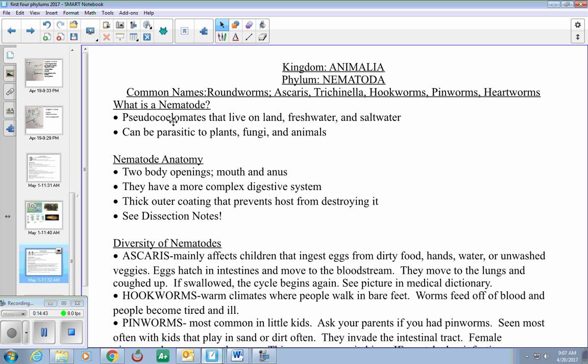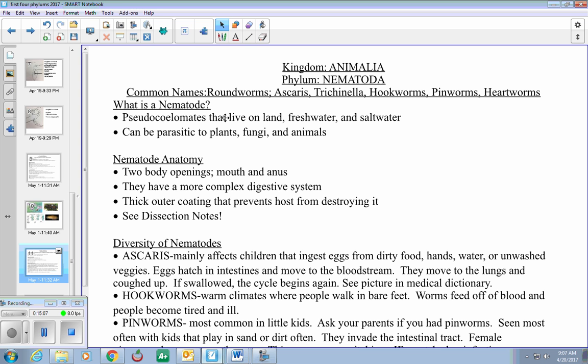And so while this may have a cavity, it's a pseudo-coelomate because the internal organs aren't actually attached to the cavity. Basically, all of their digestive and reproductive organs are just free floating inside of there. So that's a fake coelom.